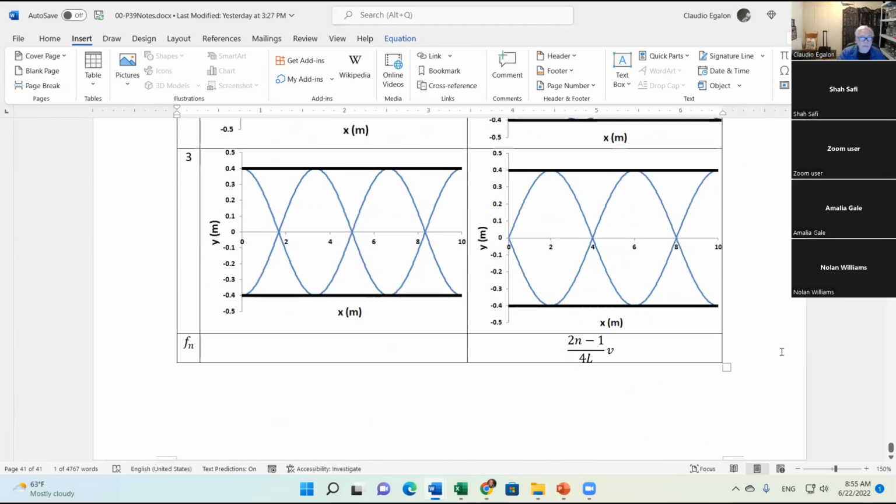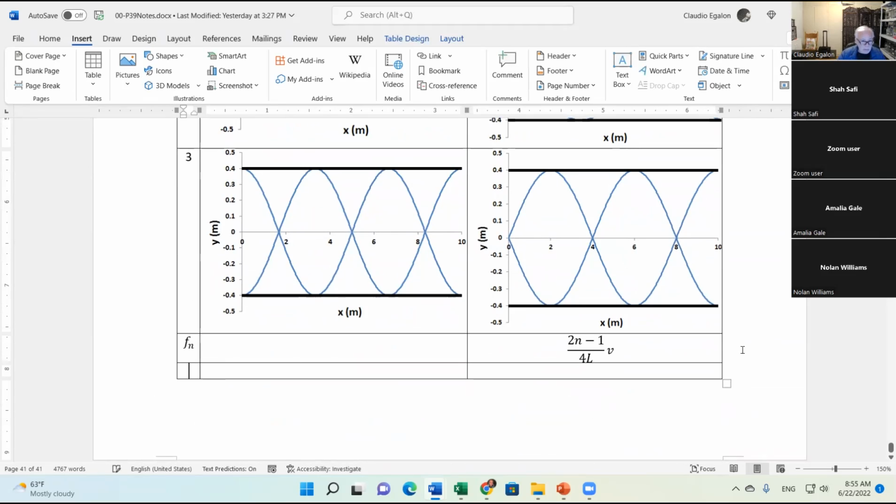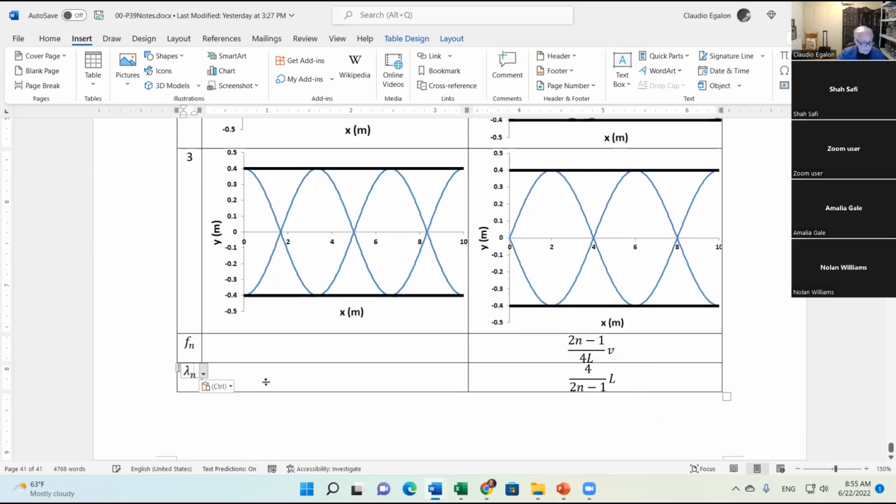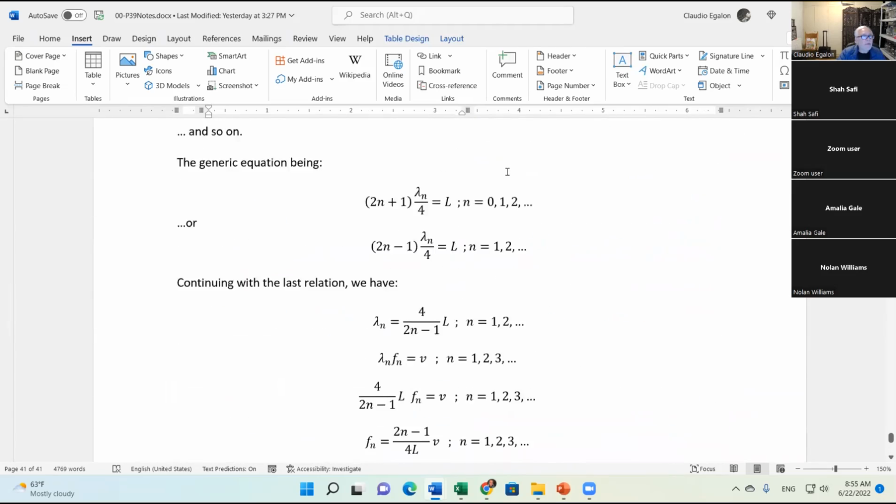Closed end, pick one more. Right here. And then you have to have the two open ends equation.